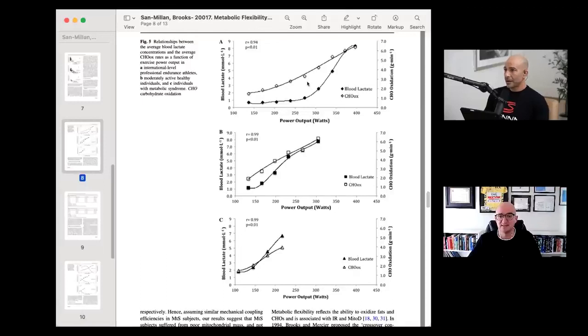So the bigger the gap between the blood lactate curve and the carbohydrate oxidation curve, the more efficient the individual is. The more they're able to oxidize fatty acid, then they have to require glucose. And clear lactate. Yes. Again, the mandatory byproduct of glucose oxidation is lactate. So here the lactate doesn't show up in the blood.